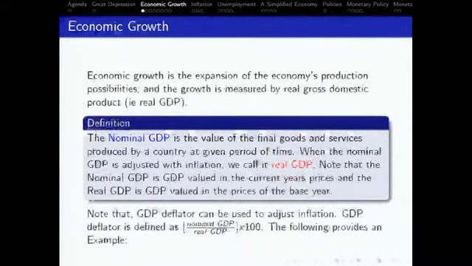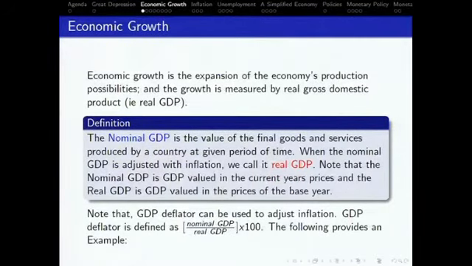So here we talk about nominal GDP and real GDP. I think you already know. Then what is the GDP deflator? It is the ratio between nominal GDP and real GDP. It tells how much inflation you have. In our example, remember, one is 40, one is 20. So if you divide 40 by 20 and multiply by 100, what will you get? 40 divided by 20, tell me what that would be?